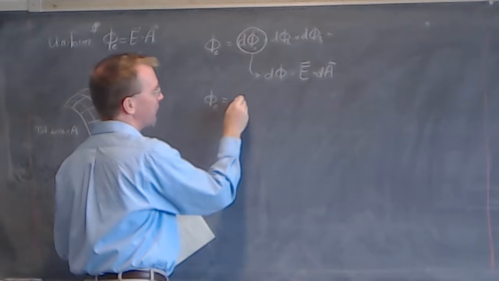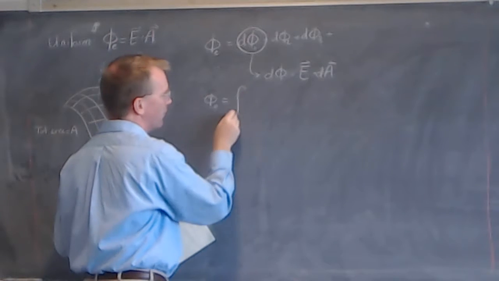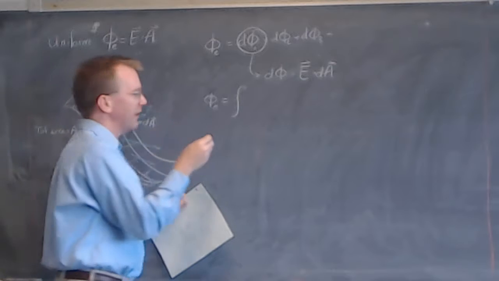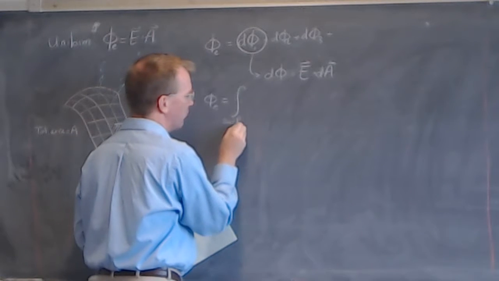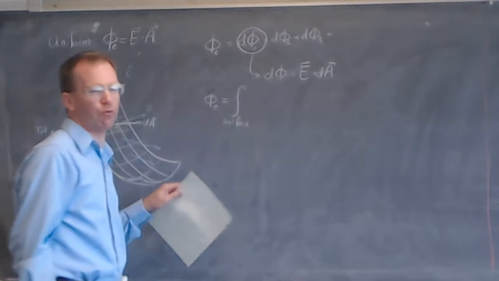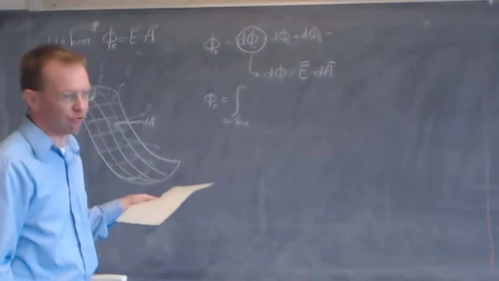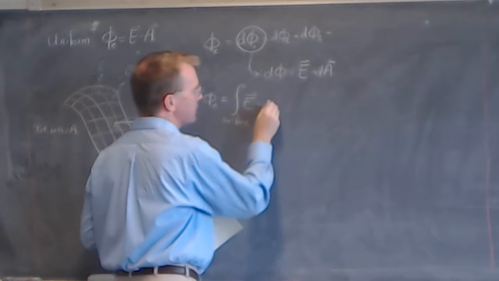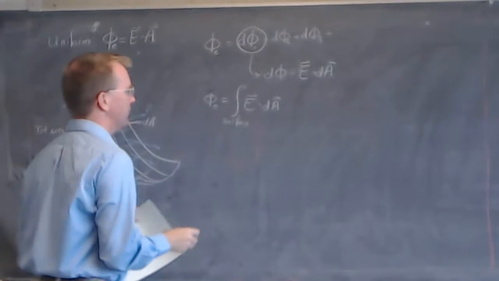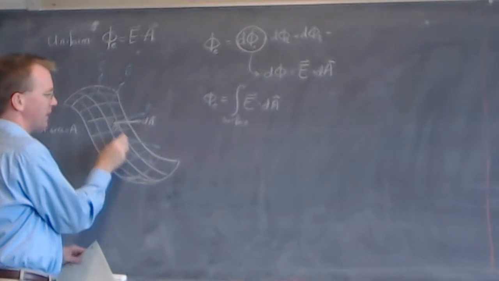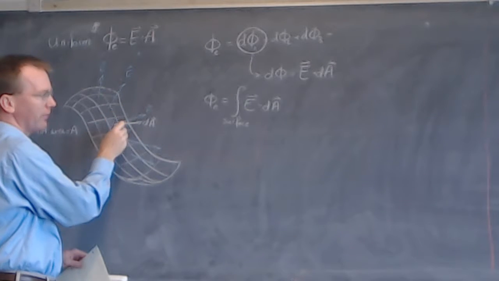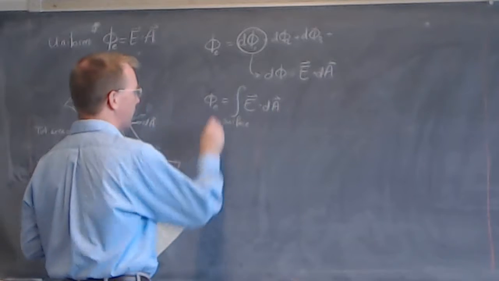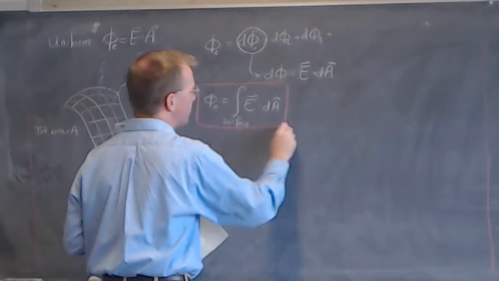So the total flux is equal to the integral over the surface. I won't always write surface underneath these because it will be understood. Of E dot dA. So for every little bit of these, I calculate the flux of that infinitely small bit, and I go to the next piece and so on like that. All right, and this is the important result here.